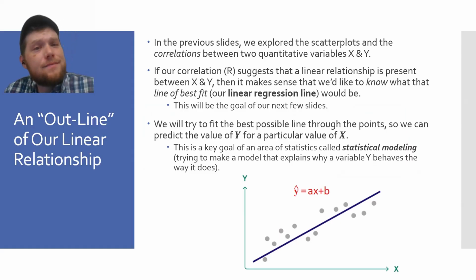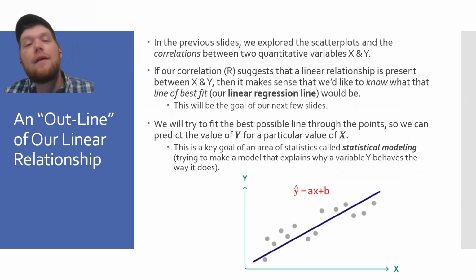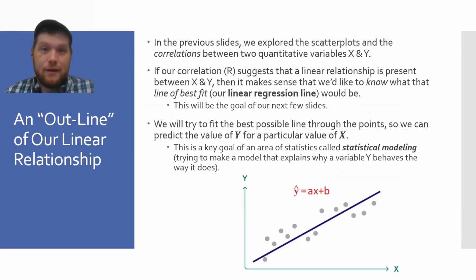In the previous slides, we explored scatter plots and correlations between two quantitative variables, x and y. Now we're going to look at an outline of the linear relationships we're dealing with. If our correlation r suggests that a linear relationship is present, then we need to know what kind of line of best fit we have.